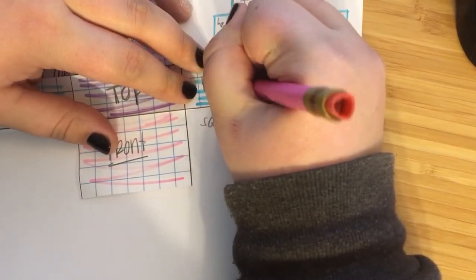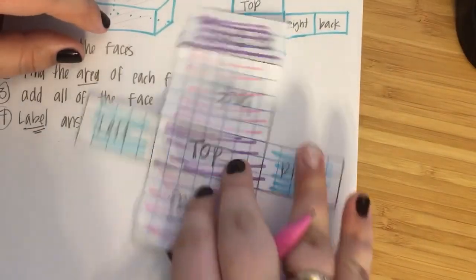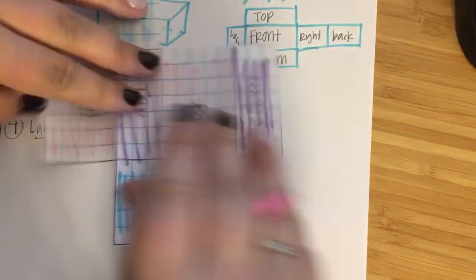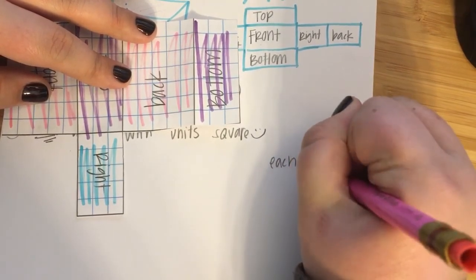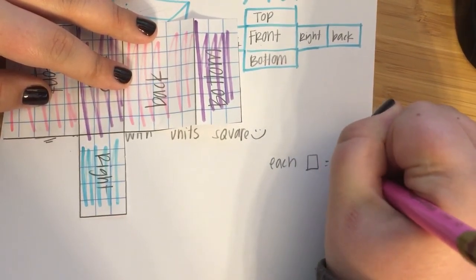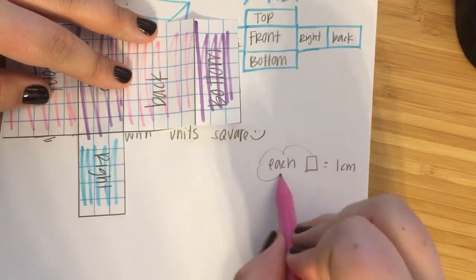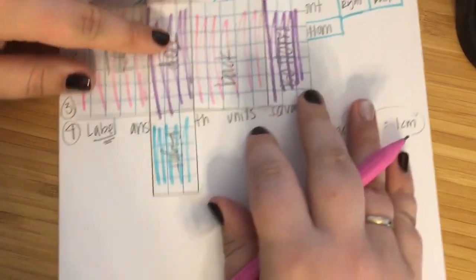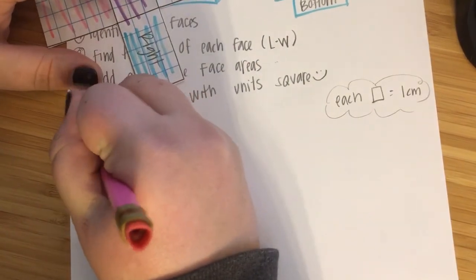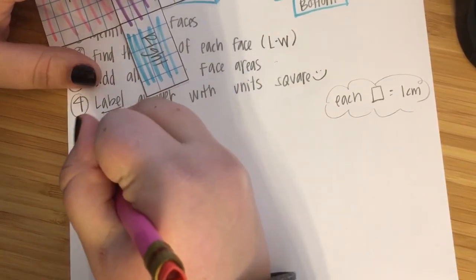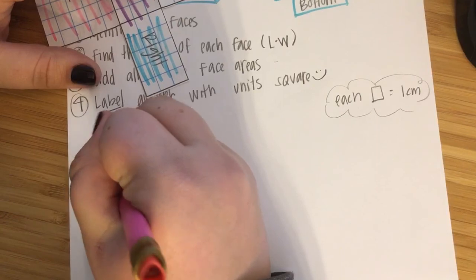This is the easiest way for me to organize my thinking and make sure I have included the areas of each part of this 3D shape. Remember, in our case, each square equals 1 centimeter. So when we're multiplying and we finally find the sum, it will be in centimeters.